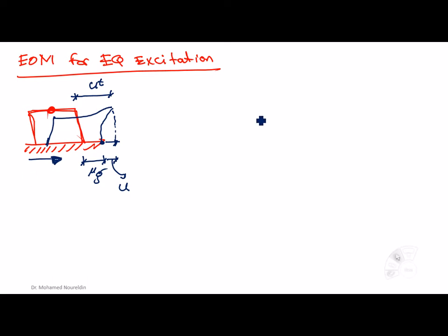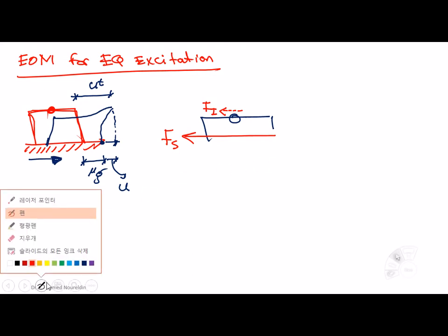If you remember the concept of D'Alembert that we have mentioned before, we have resistance of the system, which is Fs, the elastic resistance of the system, which is the static, and we are going to have a kind of inertia force that is going to be developed for this system if our system is moving under earthquake excitation.